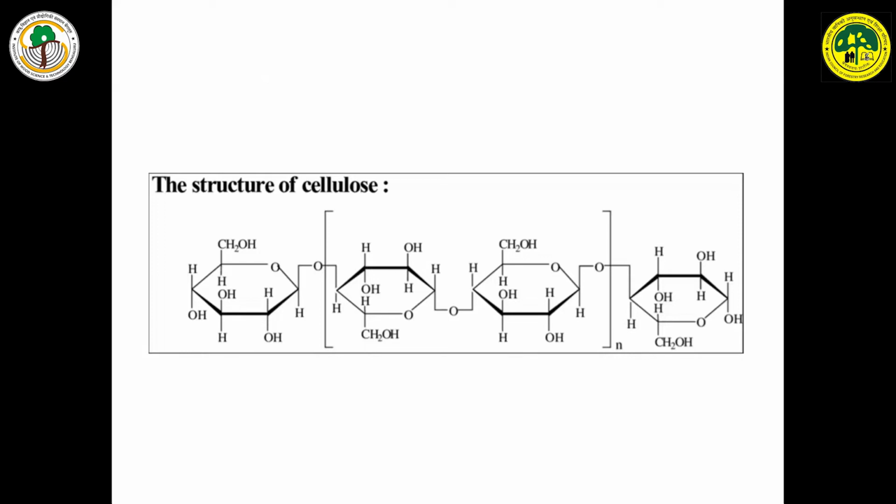In the first unit, the hemiacetal link is present on the upper side, whereas in the second unit, the hemiacetal linkage is present on the downside. These two glucose units are connected by a glycosidic bond. Here n represents a value of 10,000 to 15,000, that is, cellulose has a very highly polymeric nature.